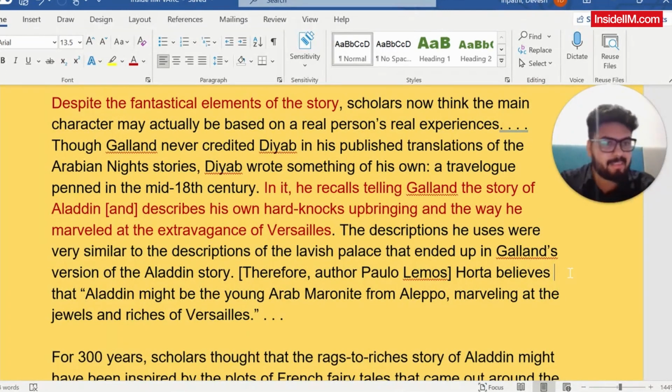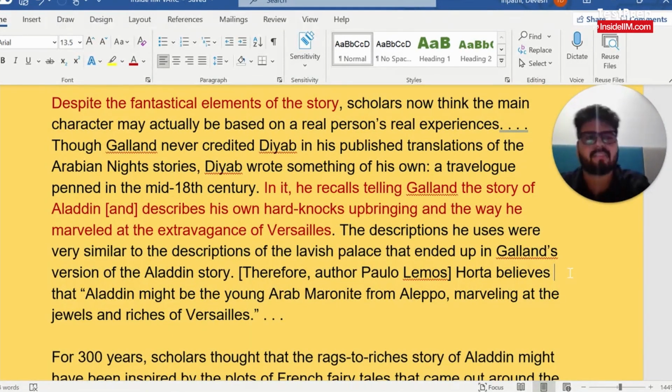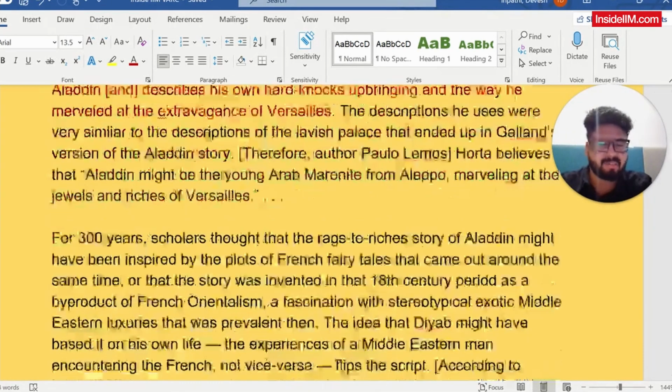The reason has been sufficiently laid out, because the way he marveled on coming to Versailles and the way he faced childhood struggles and stigmas are almost similar to the description made in Aladdin, and the most important part, the way he marveled at seeing the extravagance of Versailles, is what draws the author's attention.